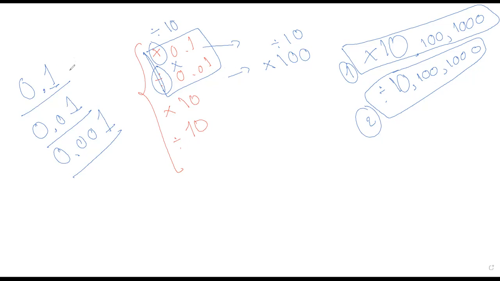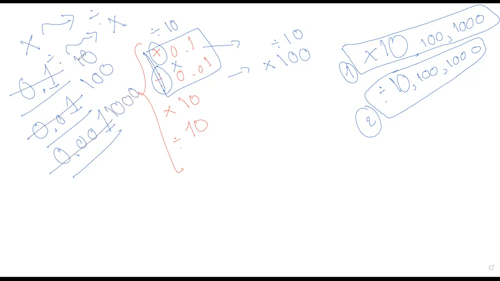If it was times it becomes what? Divide. And if it was divide it will be what? Times. 0.1 becomes what? 10, or 100, or 1000? 10. 0.01, 100. And 0.001, 1000. So now we are looking at these first 2 rules. So either we are dividing by 10 or multiplying by 10.